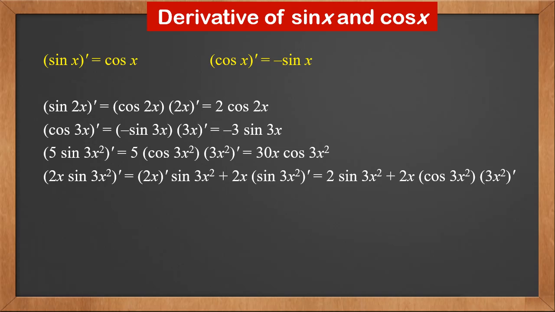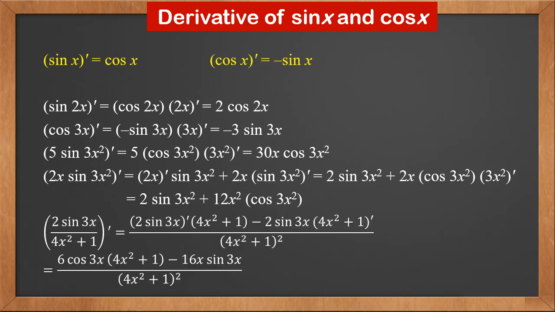The derivative of 2x is 2. The derivative of sin 3x squared is cosine 3x squared times the derivative of 3x squared. So the result is 2 sin 3x squared plus 12x squared cosine 3x squared.